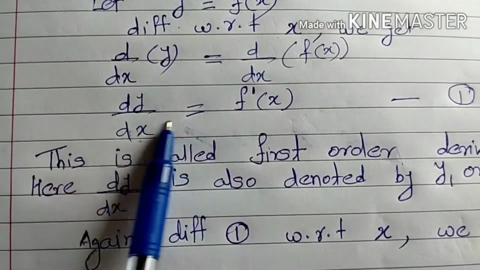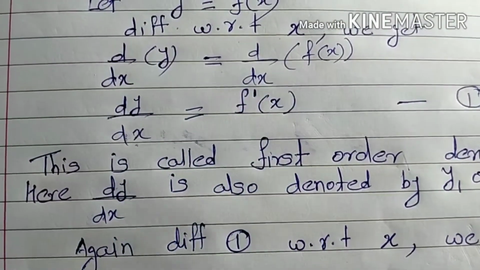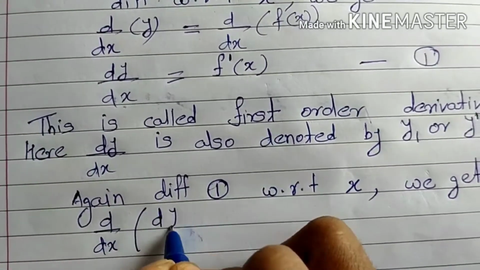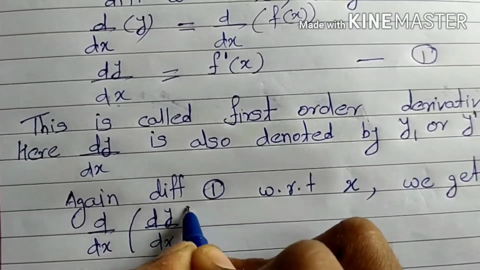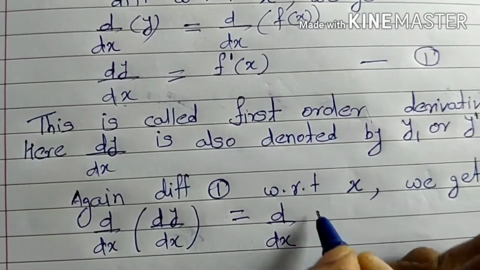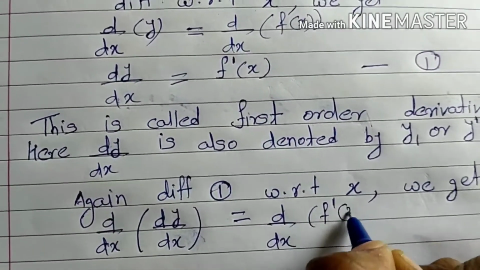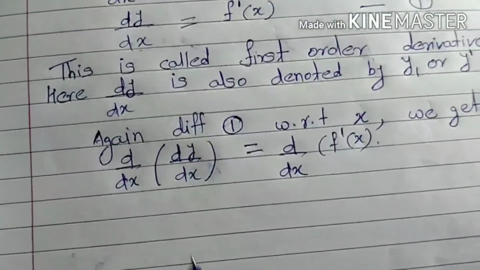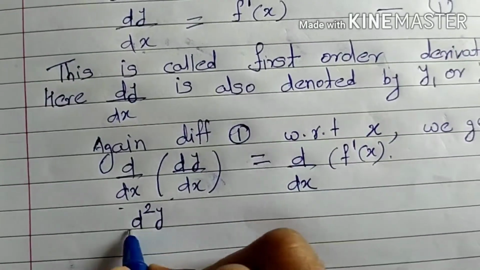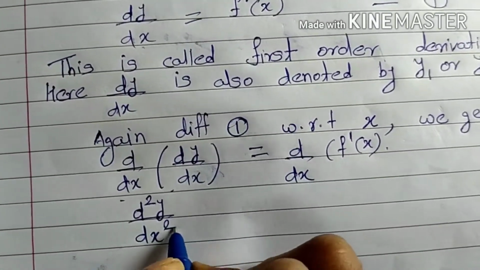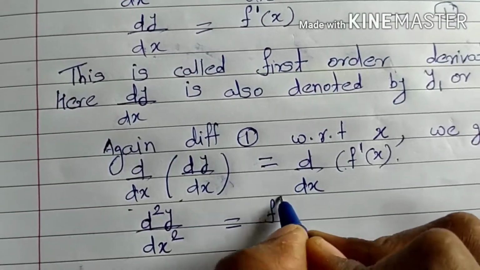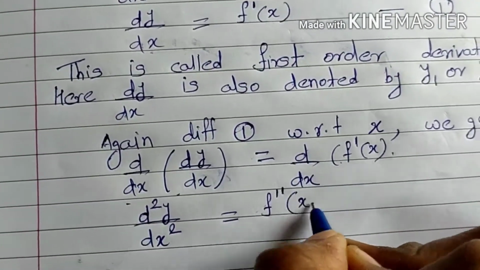So we have to differentiate this. d by dx of dy by dx is equal to d by dx of f dash of x. So taking differentiation, we get d2y upon dx square is equal to the differentiation of f dash of x, which is f double dash of x.